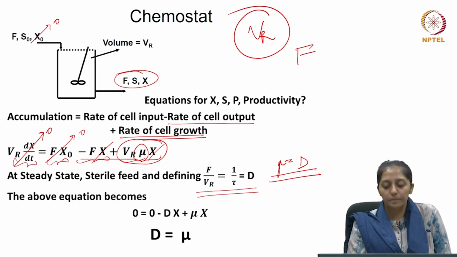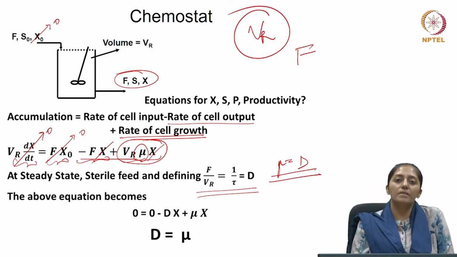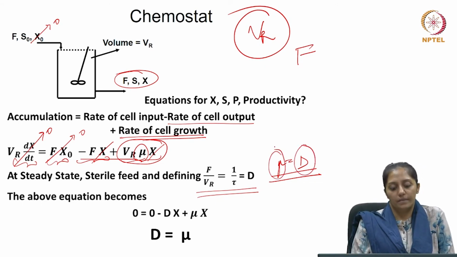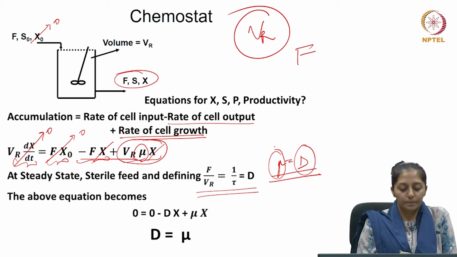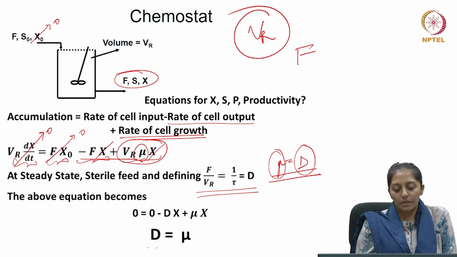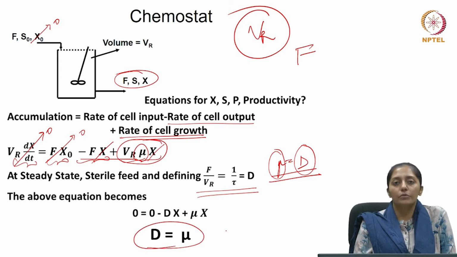dilution rate. Now, I hope you can understand the advantage of running a continuous reactor, which I mentioned a few slides back: there is an opportunity to control the growth rate of the culture by manipulating the flow rate, because D is a function of flow rate. From the above equation, we are able to prove that at steady state the specific growth rate of the culture becomes equal to the dilution rate.